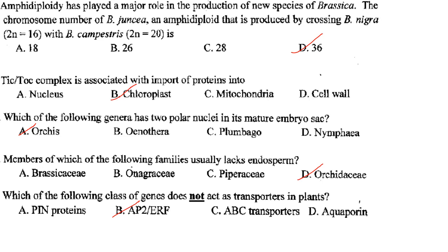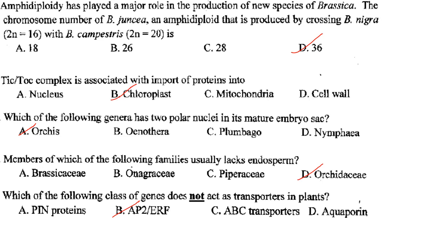Then TIC TOC complex is associated with import of proteins into chloroplast. Answer is option B. Which of the following genera has 2 polar nuclei in its mature embryo sac? So Orchis is having 2 polar nuclei in its mature embryo sac.